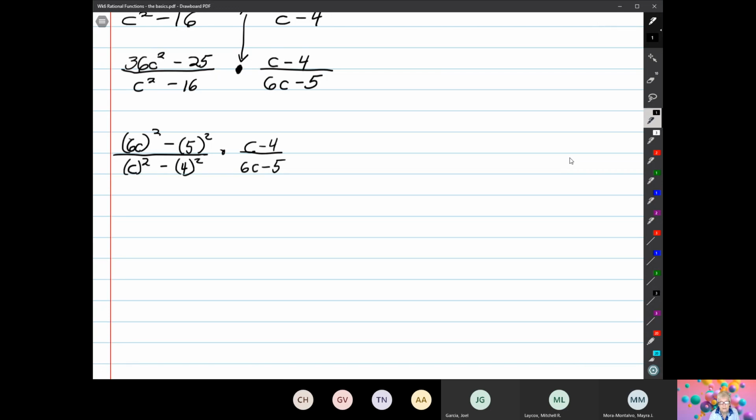Okay, now I'm going to come over here and we're going to factor this first numerator. Boom, boom, boom, boom. I take the 6c and write it here and here.